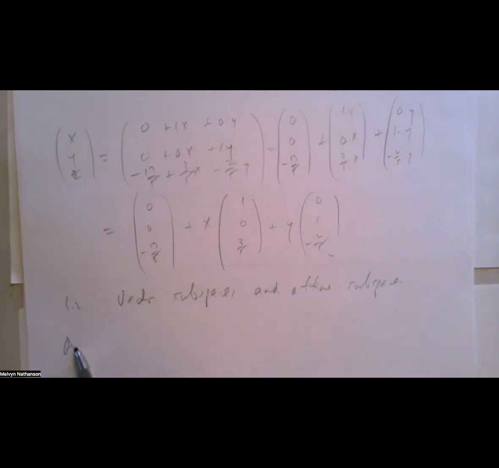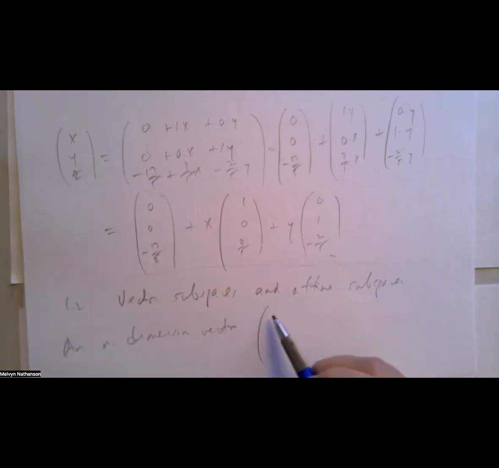So remember, an n-dimensional vector is just a column of n numbers in these big parentheses.